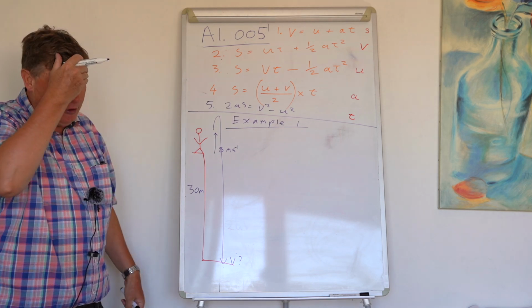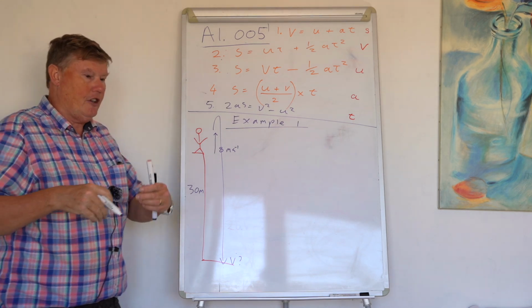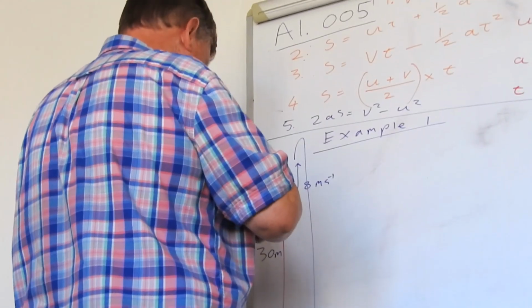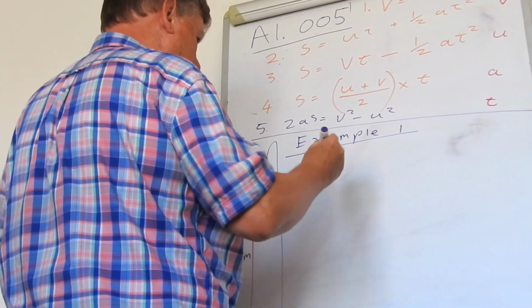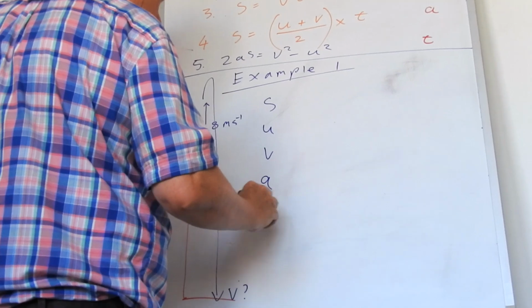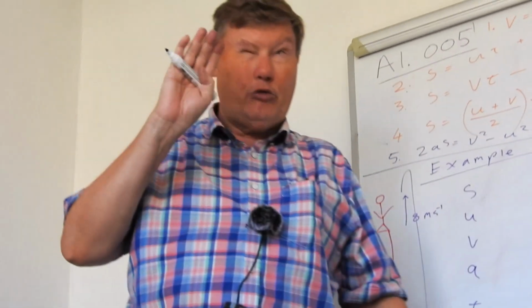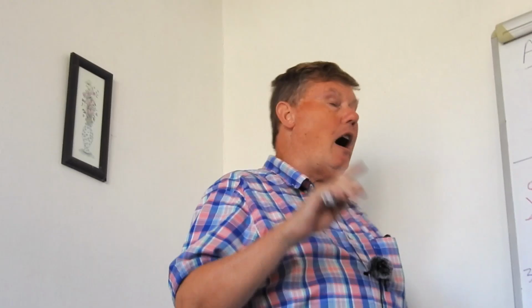So let's go through how you work this out the official, logical way. You write the letters S-U-V-A-T. Let's do that. And we write down what we know. Before we start, I mentioned this earlier, but it's really important.